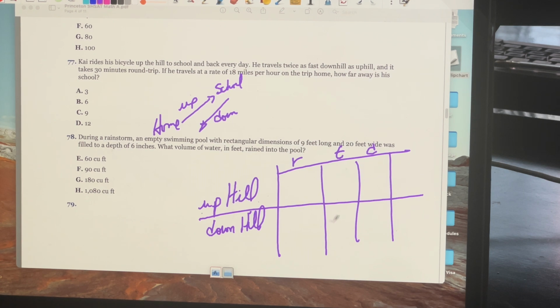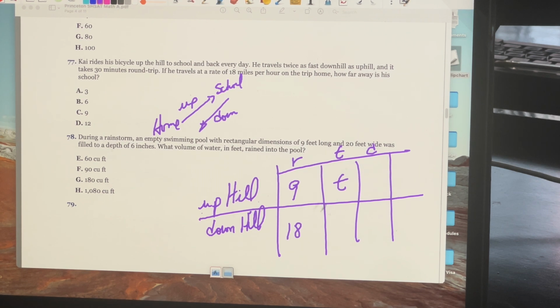So going down is 18, which means up the hill would be 9, because it says here he traveled twice as fast downhill as uphill, right? Now the whole time to go up and down takes 30 minutes. How long did it take him to go uphill? Well, we don't know that, so we're going to call that T. And what would be the time downhill?